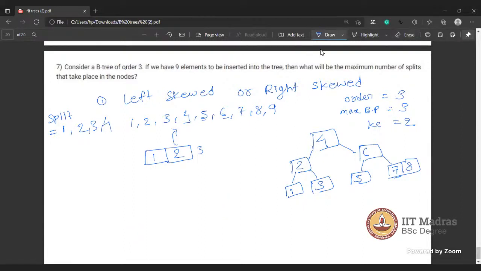Then you have to insert 9. It will split up and move above. And we have 5 splits.